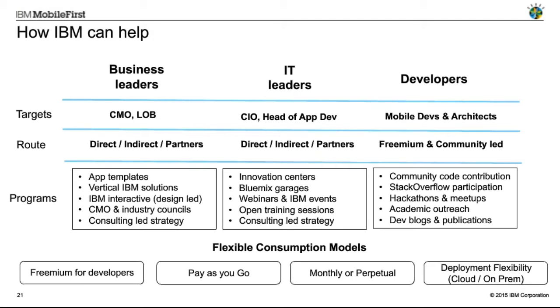And so in this area, IBM has focused on providing app templates as part of Mobile First Platform, vertical solutions as well. We also have services around creating the design itself through IBM Interactive. And then we also have different councils that provide for that inherent knowledge internal to IBM for this specific set of users.